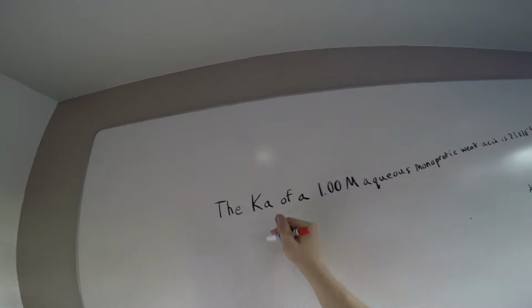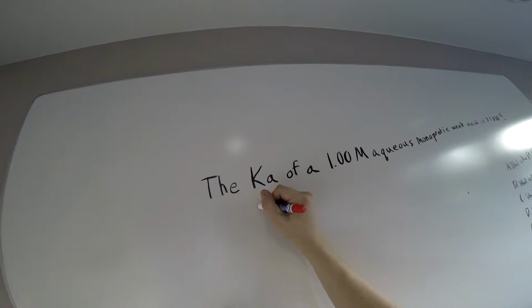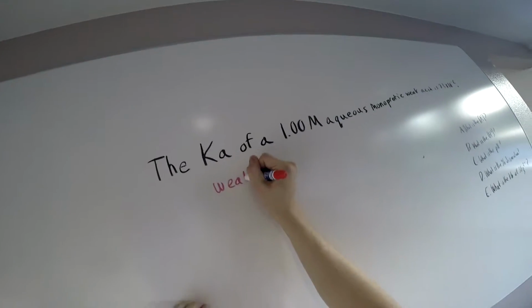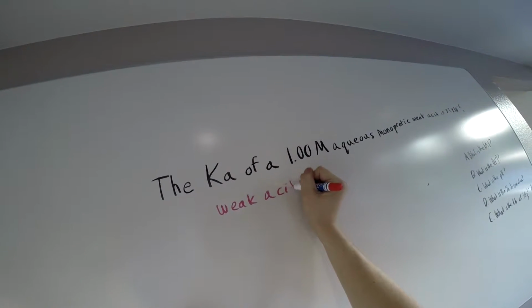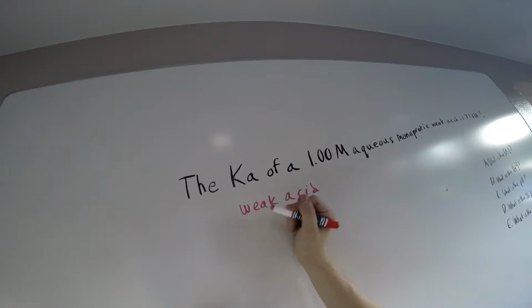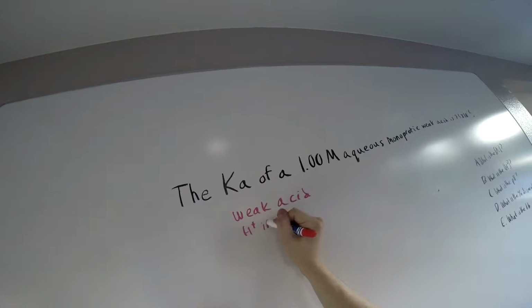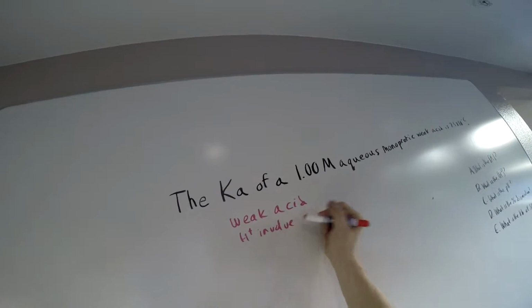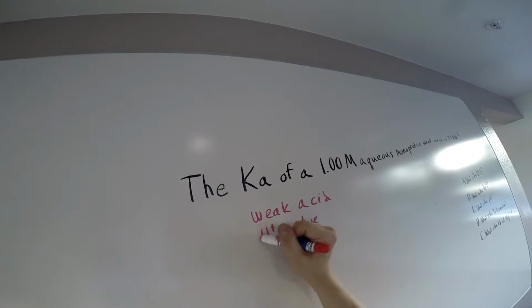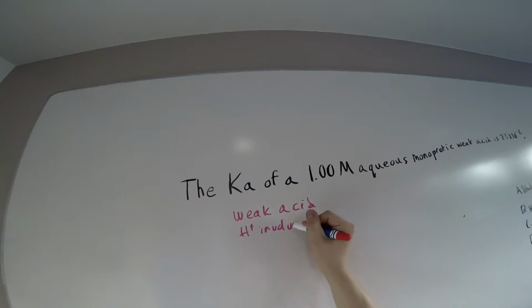So if we want to write all this stuff down, we'll write down it's a weak acid. It has one H+ involved. Not one H+ literally, but in the ICE chart way involved.